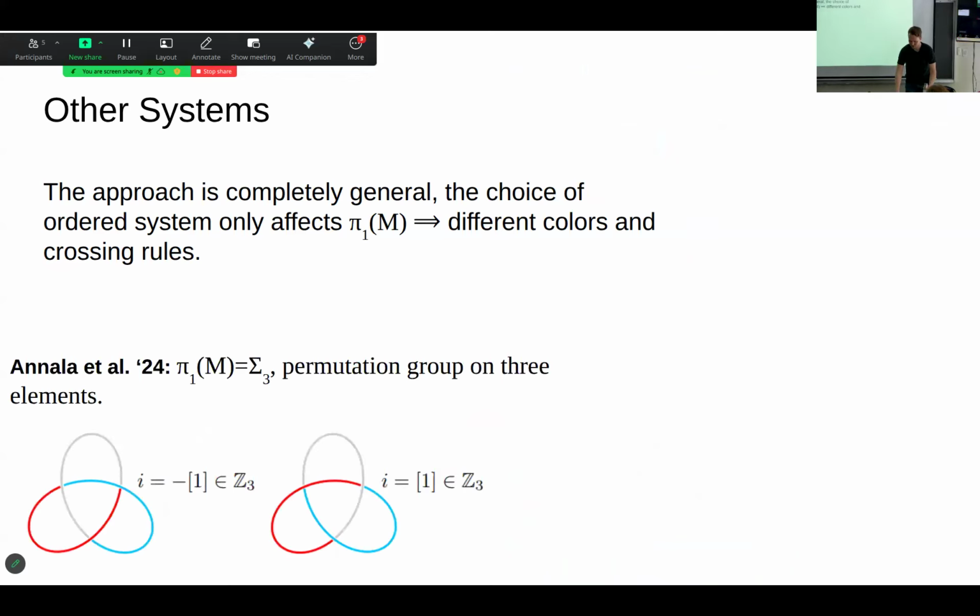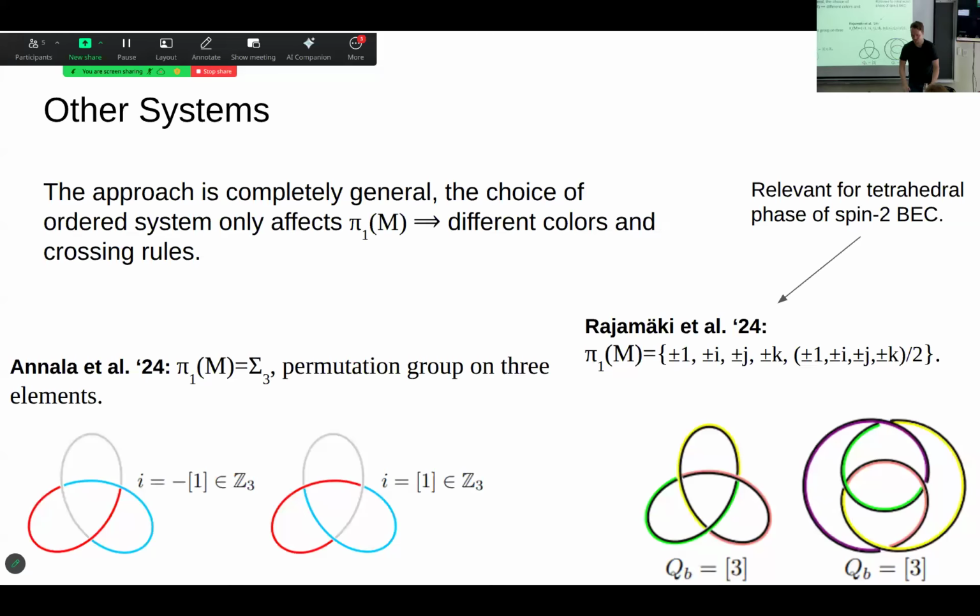I include here two examples of other systems that we studied. Here is the case where the fundamental group is a permutation group on 3 elements. In this case, these are the kinds of possible structures that can happen. You just need to construct a different invariant, and in this case it's called I.